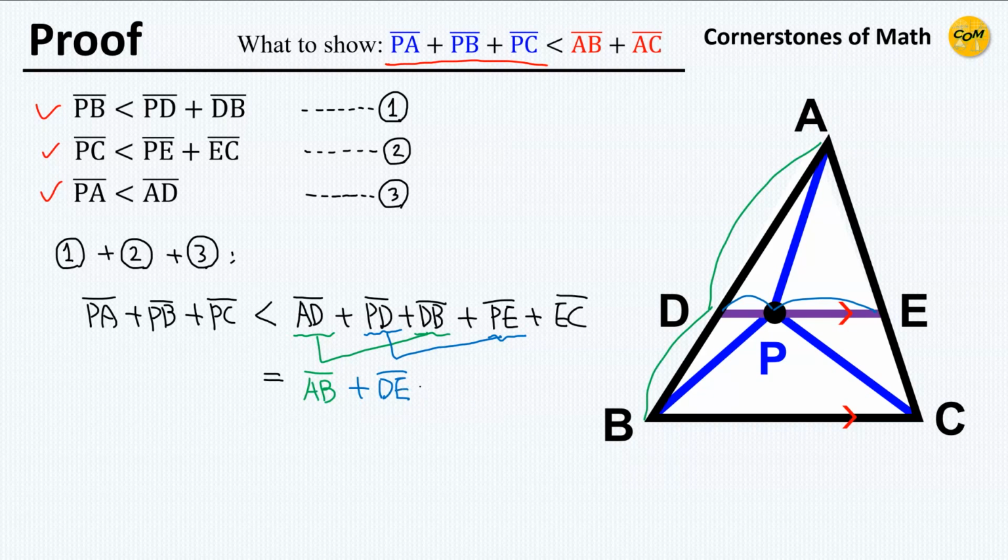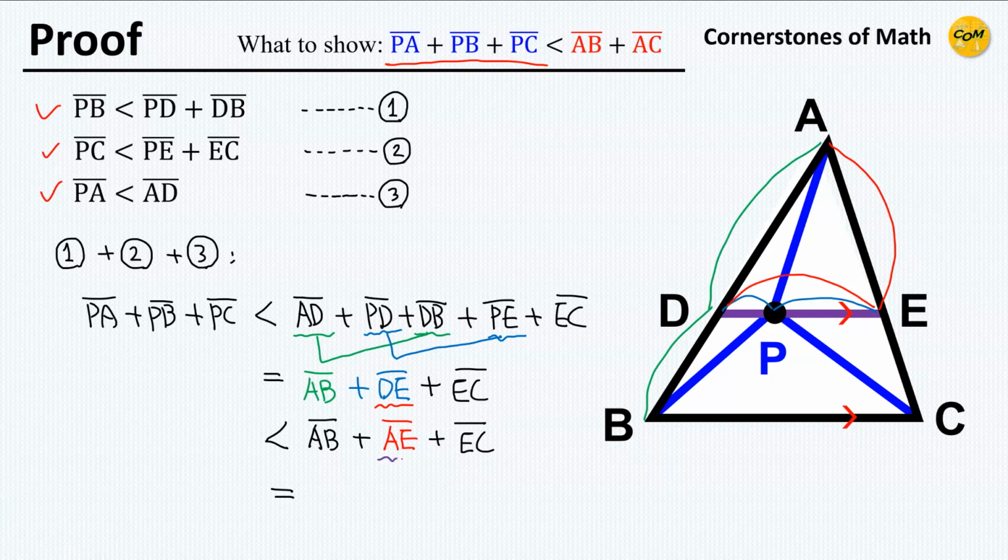So we have AB plus DE plus EC. Here I have already explained that DE is the shortest side of triangle ADE, which means that DE is less than this length AE. So we have less than AB plus AE plus EC.